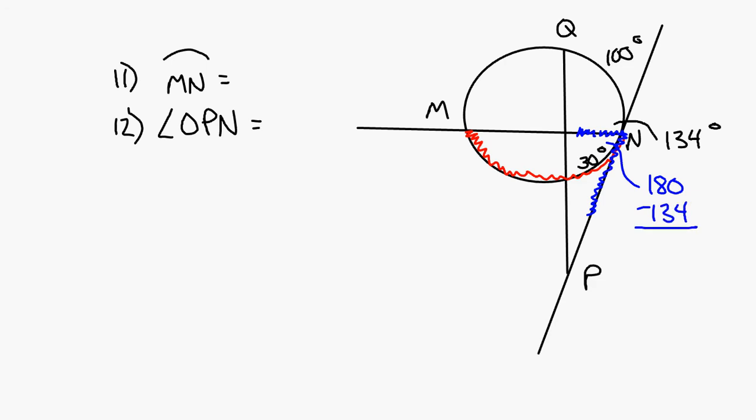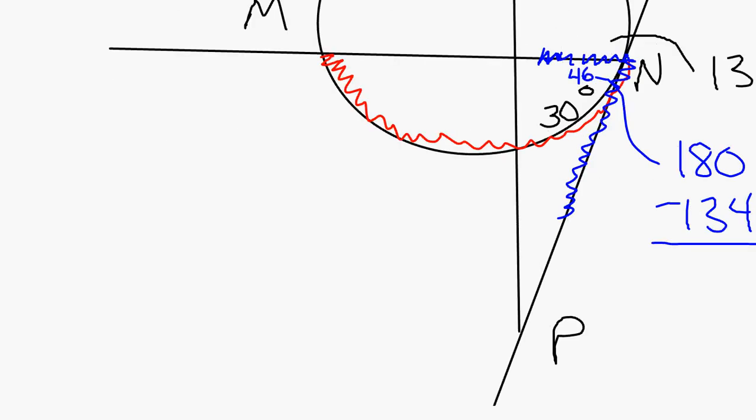I know it gets real tight in there. If this angle is 46 degrees, then this red arc is twice as big as the 46 degrees. So this arc MN is 2 times 46, which is 92. So 92 degrees is arc MN.